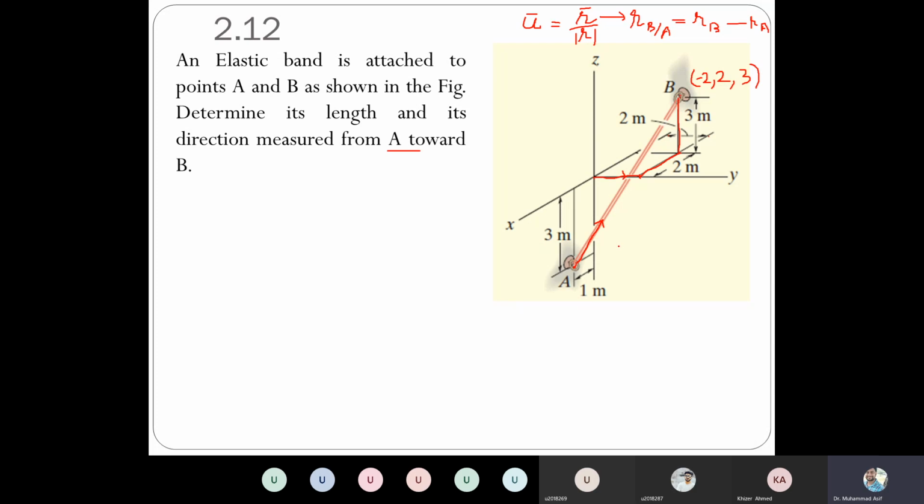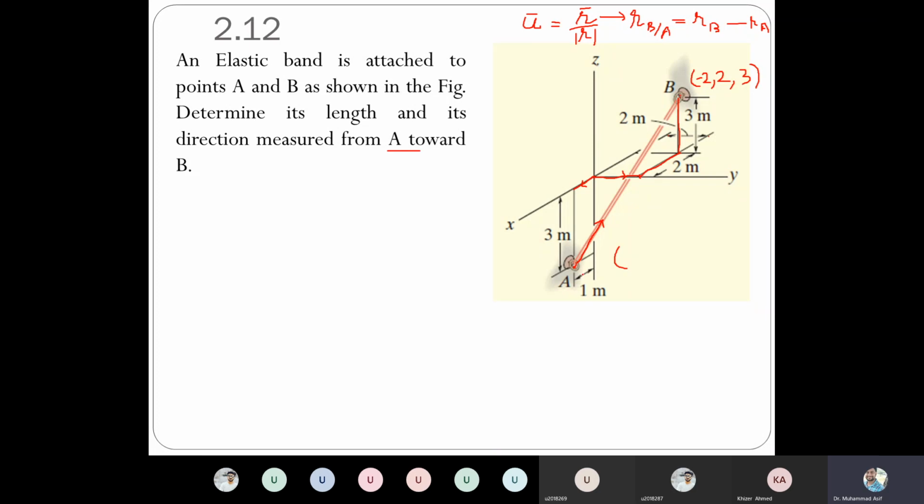Now let's try to figure out RA, the position of A with respect to origin. Again, for point A, we have to start from the origin. Let's say we have to move up to here. How much is that distance? This is in the positive x direction.